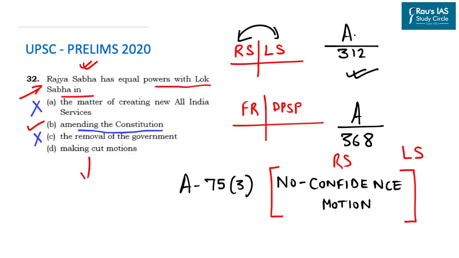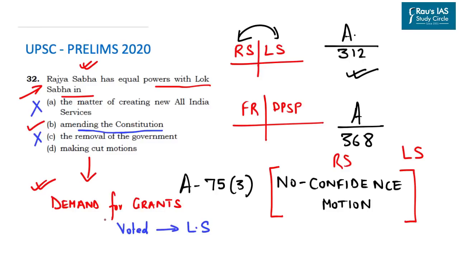Now, cut motions is associated with demand for grants. And demand for grants is presented along with budget and is voted only in Lok Sabha. So regarding cut motions, which are expressed as signs of dissatisfaction against the government, it can only be voted in Lok Sabha and not in Rajya Sabha. So here again, Rajya Sabha does not enjoy equal powers with that of Lok Sabha.